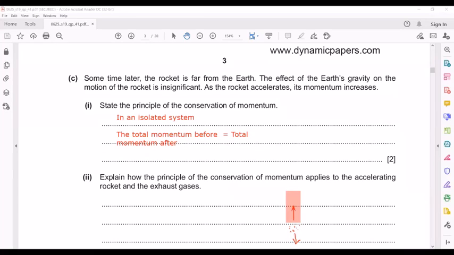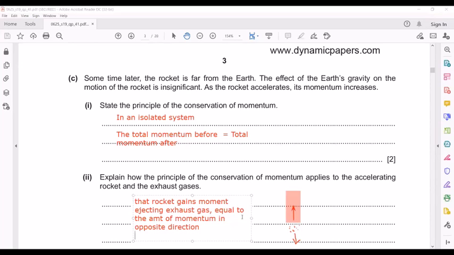So the rocket gains momentum by ejecting the gases, with equal momentum but in the opposite direction. That is the principle of conservation of momentum. So rocket propulsion is based on this conservation of momentum, ejecting the gases.